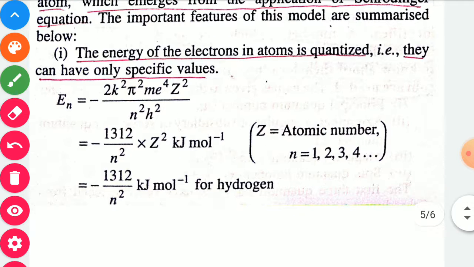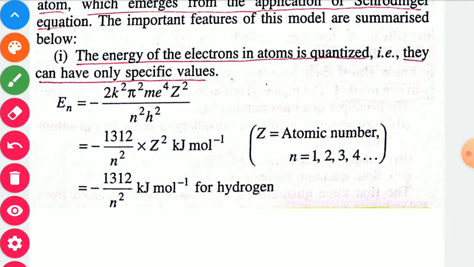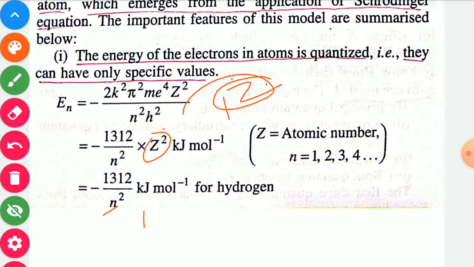If we take this value, minus 1312 upon n square kilojoule per mole for hydrogen, because the atomic number of hydrogen is 1, at the place of z we write 1, so the square of 1 is 1. For hydrogen, since only one electron is present in the first cell, at the place of n we write 1, so 1 square is also 1.